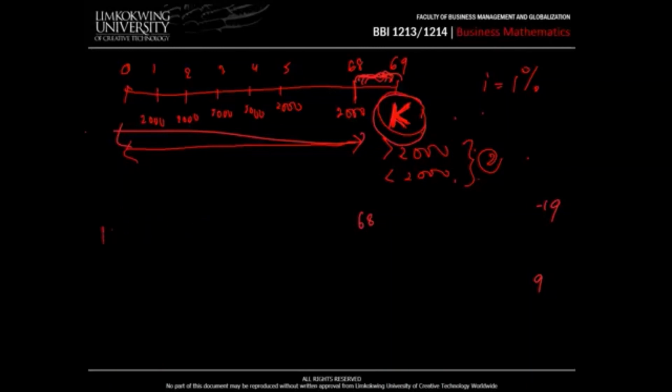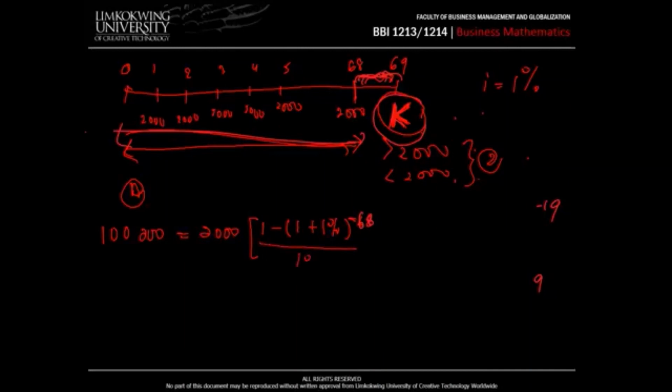Okay, so let's say 100,000 equal to 2,000. This is the formula of A. So R times 1 minus 1 plus 1%. Let's say we take it from this condition first, which is the confirm with 2,000. So here is negative 68, and then divide by the 1%.